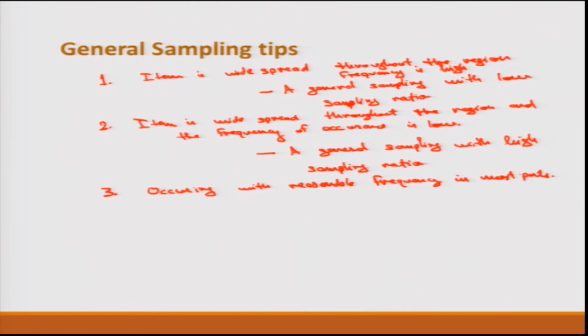In most parts of the population, but with more sporadic distribution. Here the word sporadic means that it is absent in some part and concentrated in some other part.